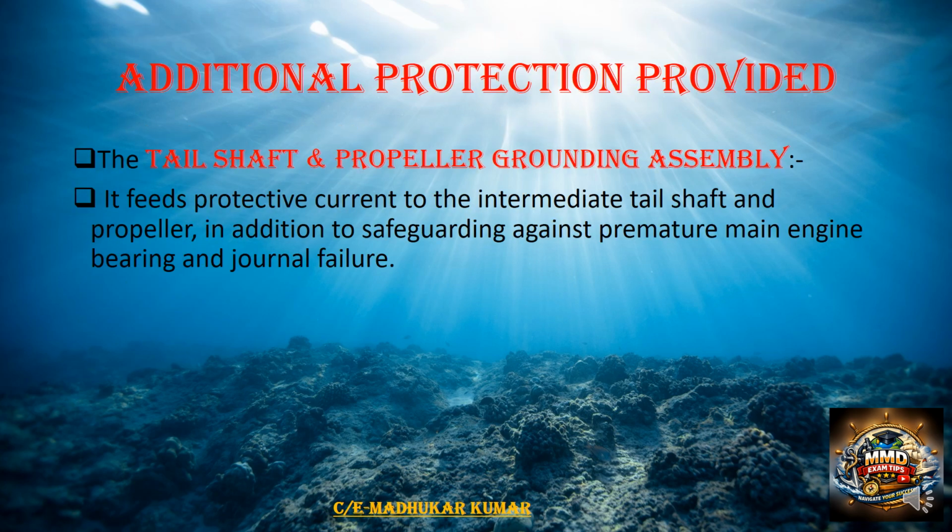Some additional protection is provided by the system. Number one is the tail shaft and propeller grounding assembly. You must have noticed in the aft side of the engine room, the propeller shaft grounding assembly is there. Basically it is for the protection of the fittings in your main bearings.